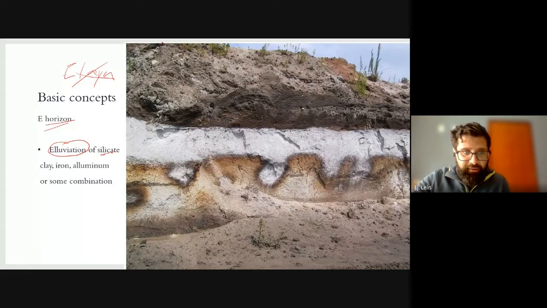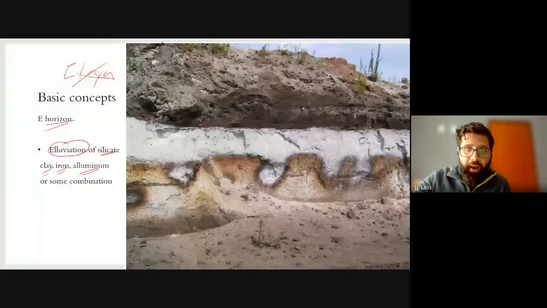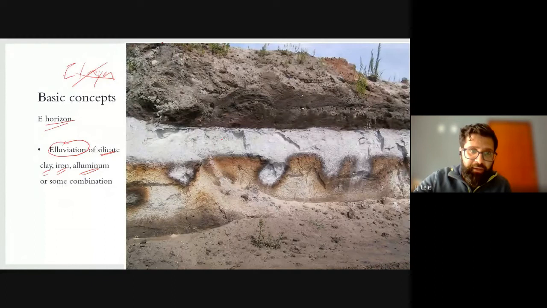Can be silicate clays, iron oxides, aluminum oxide, or a combination of these materials. E horizons generally have a high concentration of sand and silt and a lighter color, a white color, okay? And because of the eluviation, the loss of clays, they turn very white, okay?